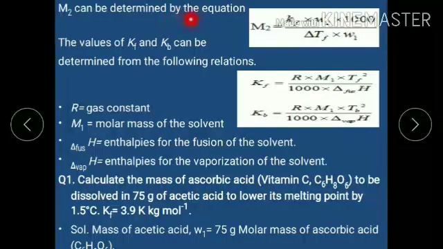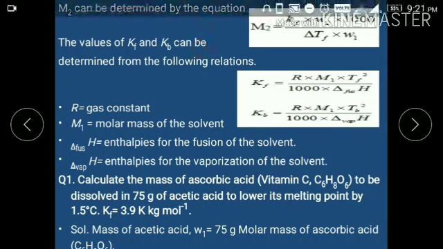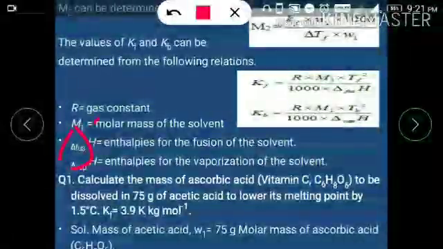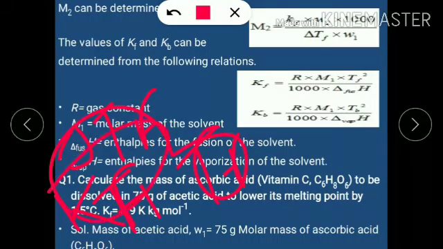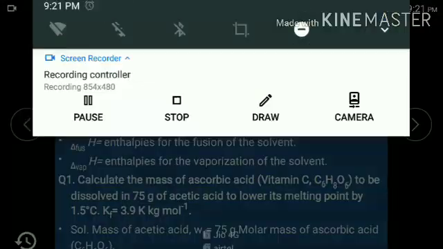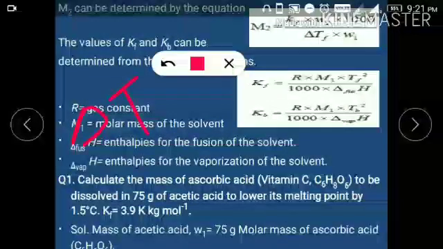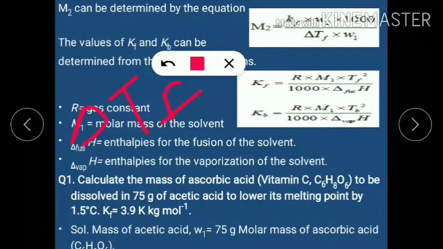M2 can be determined by the equation. By this formula you can determine the value of Kf, M2 and W2. By this formula you can find four terms. First one is delta Tf, the depression in freezing point.